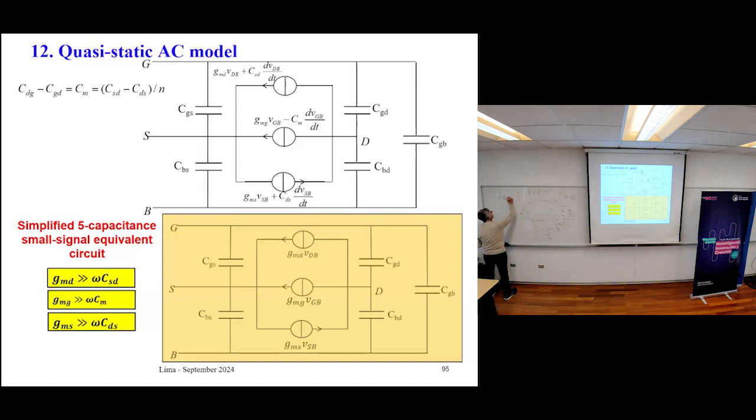And you see that if Gm is much higher than omega C, then you can just remove this term. That's the reason why we generally don't use all the capacitors that are needed in a complete model. It's for frequency reasons, because we usually don't solve this problem for very high frequency.